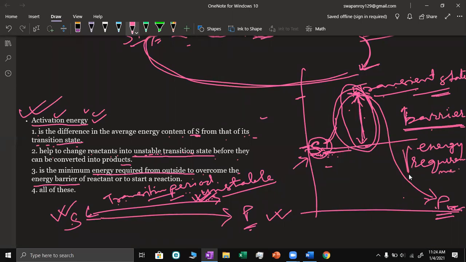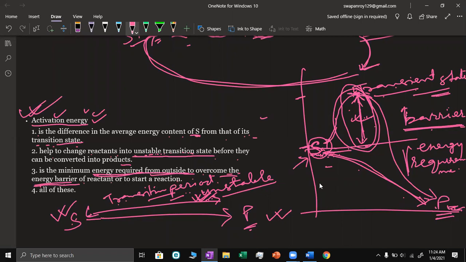So we call it the energy barrier. The activation energy breaks this energy barrier present between substrate and product. It is the minimum energy required from outside to overcome the energy barrier of the reactant, or to start a reaction.